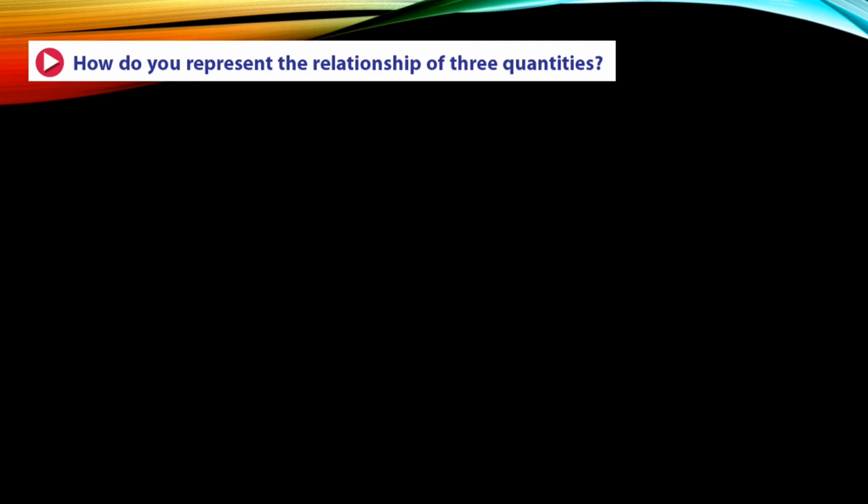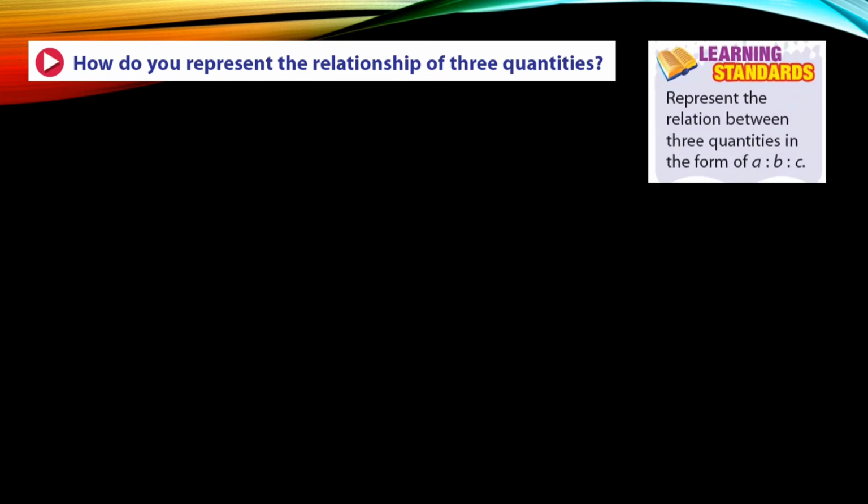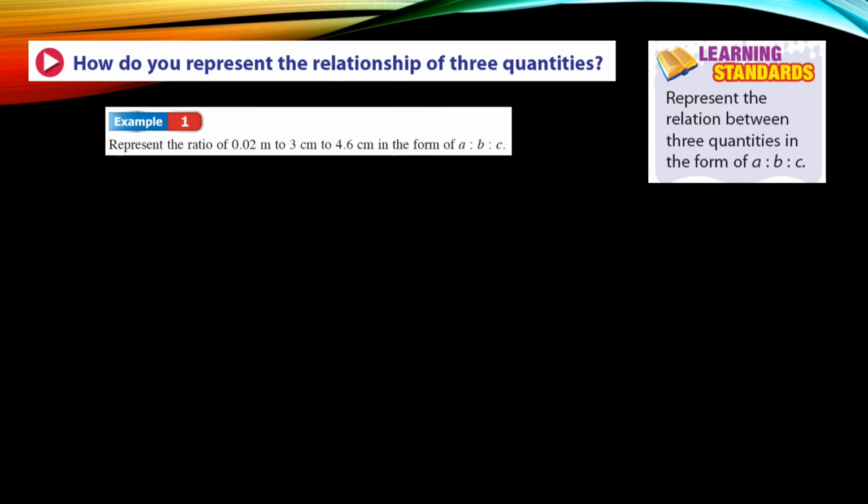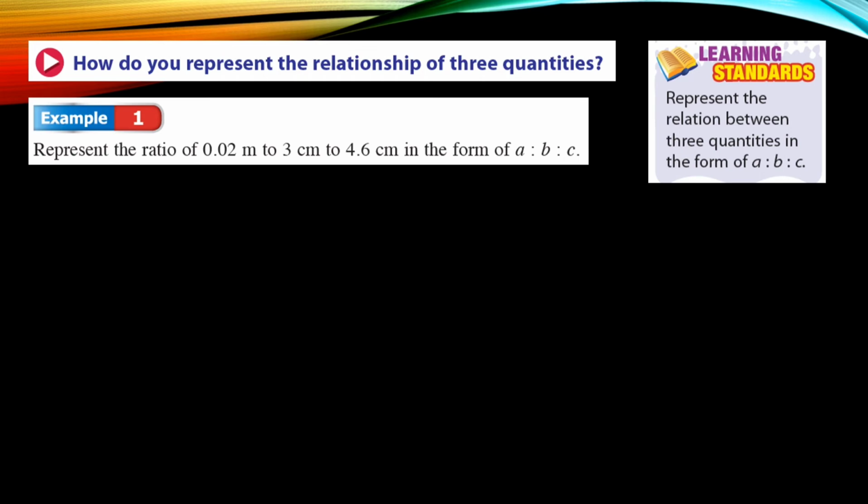Now let's look at how to represent the relationship of three quantities. The learning standard here is to represent the relation between three quantities in the form of A ratio B ratio C. Example 1.